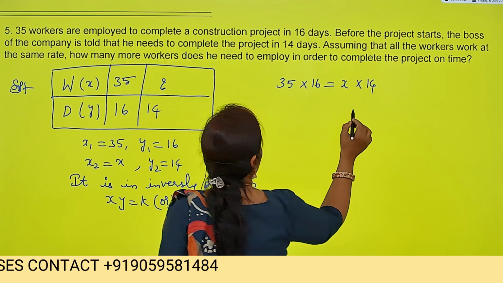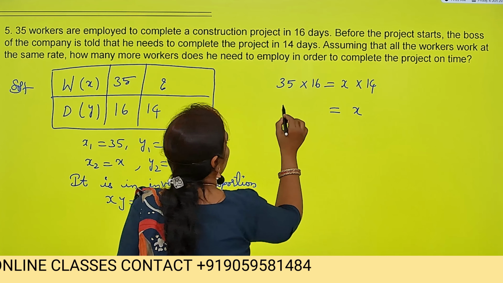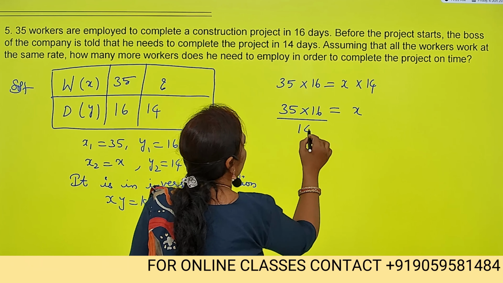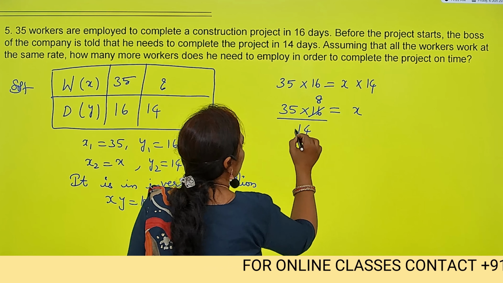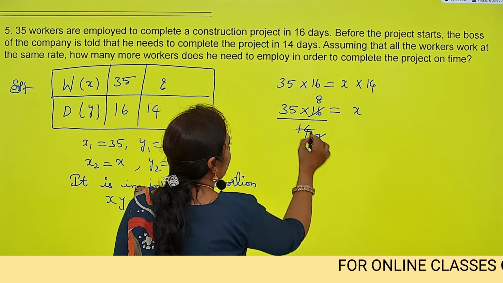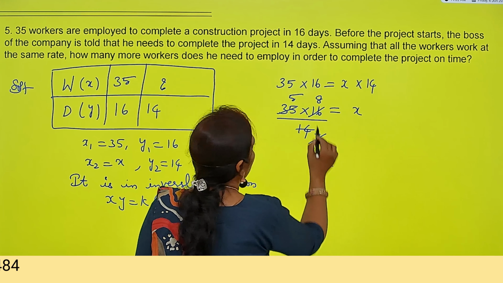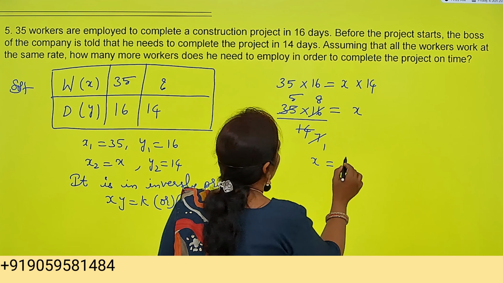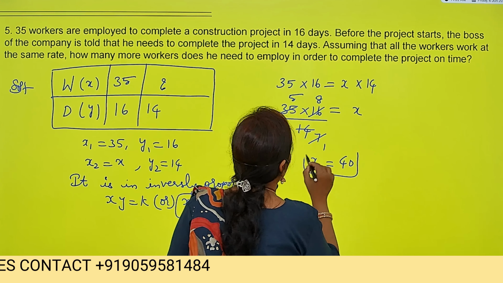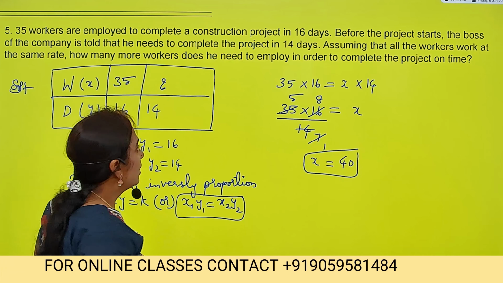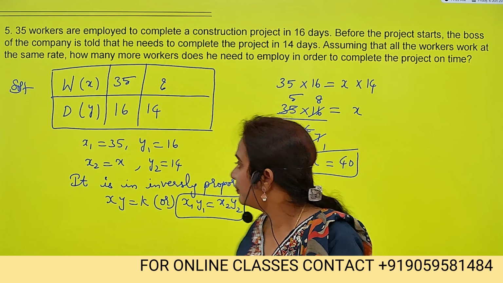So X equals 35 multiplied by 16 over 14. 2 eights are 16, 2 sevens are 14, 7 fives are 35. So X equals 8 fives are 40 workers needed to complete in 14 days. Okay, this is the answer.